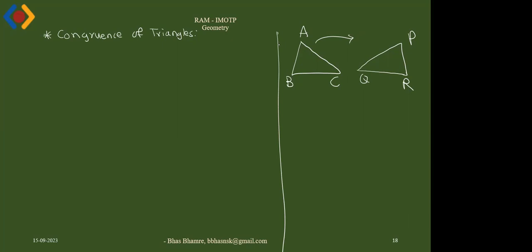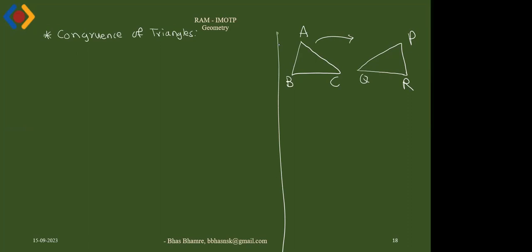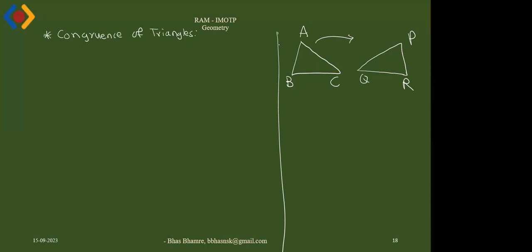Hypotenuse is the longest side of a right angle triangle, or we can say the side opposite to the right angle of the triangle. That is our hypotenuse.